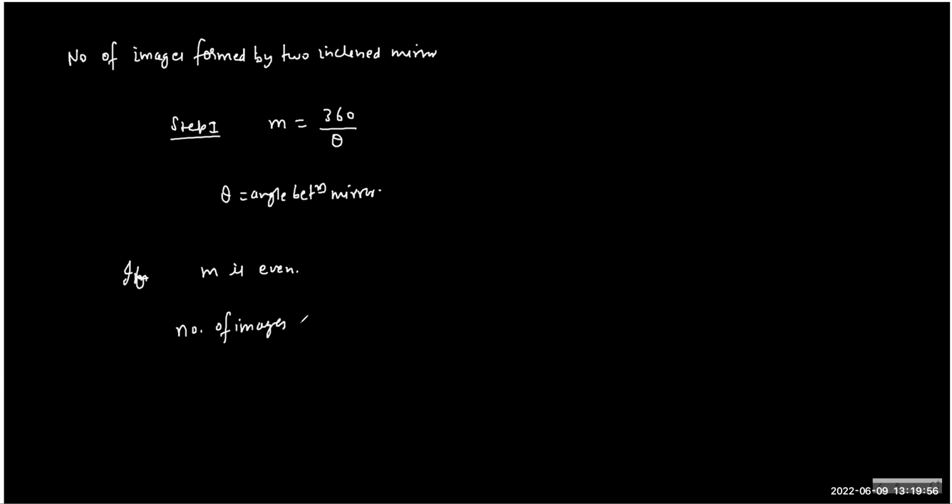Step one, you calculate M, which we write as 360 divided by the angle between the mirrors, theta. If you get M as even, then the number of images will be M minus 1. That's simple, without any doubt.